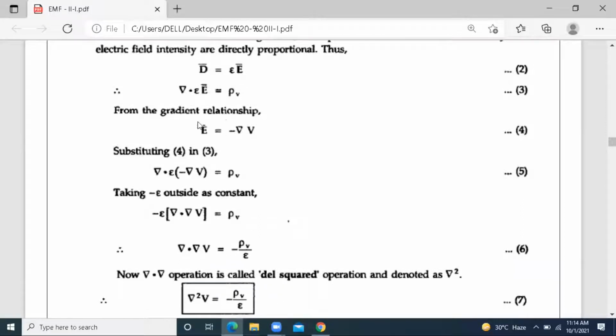Now, we also know that E equal minus del V. So we're gonna substitute minus del V for E in here. So we have this.